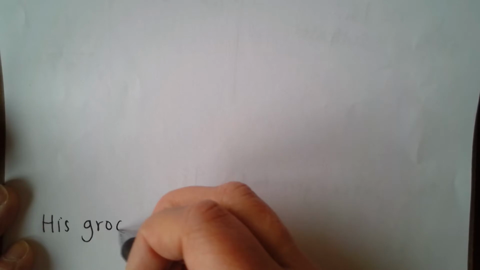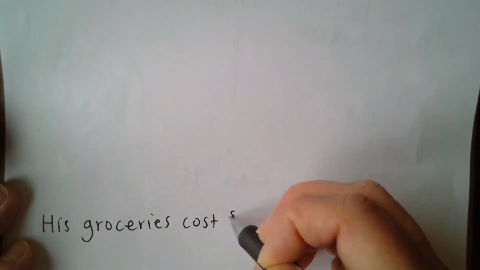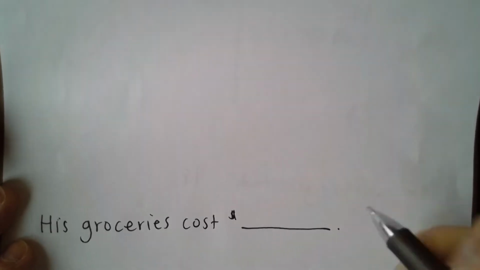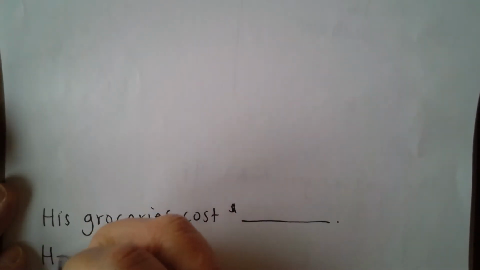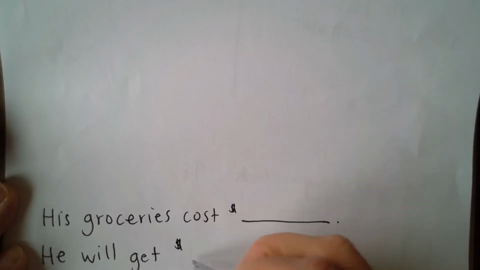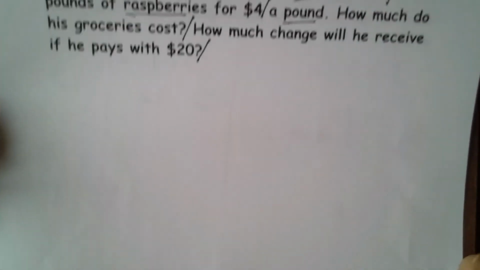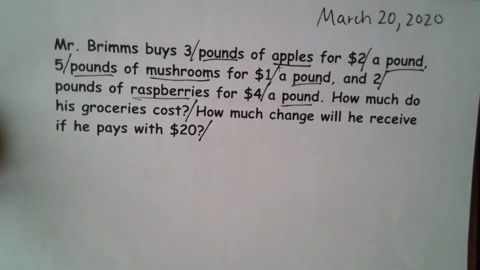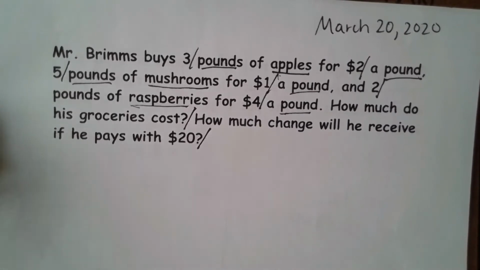His groceries cost some amount, and then it's asking how much change will he get if he pays with $20. So he will get some amount in change.